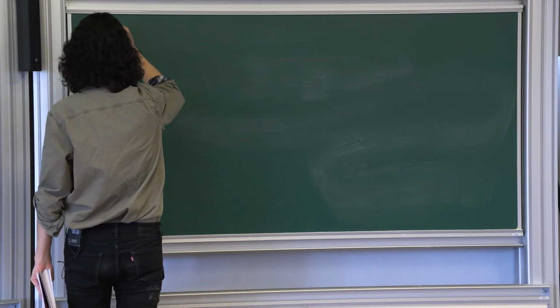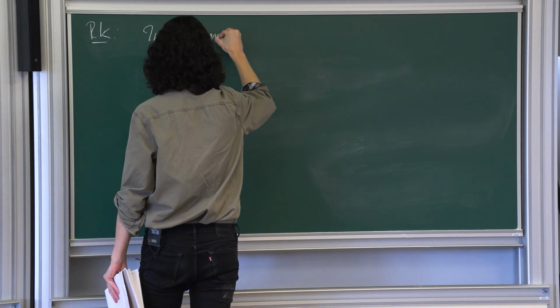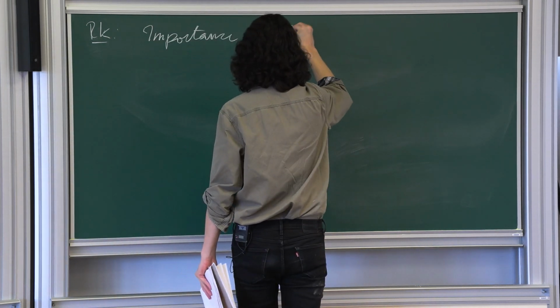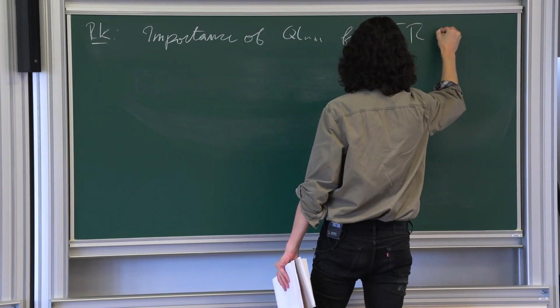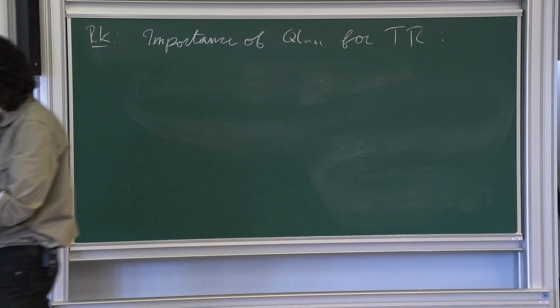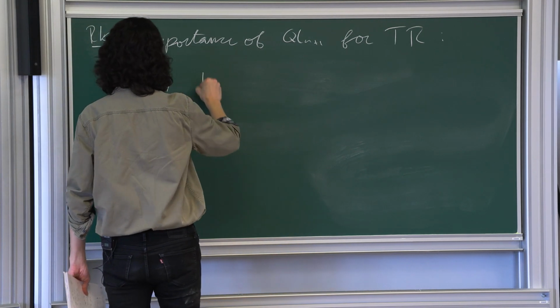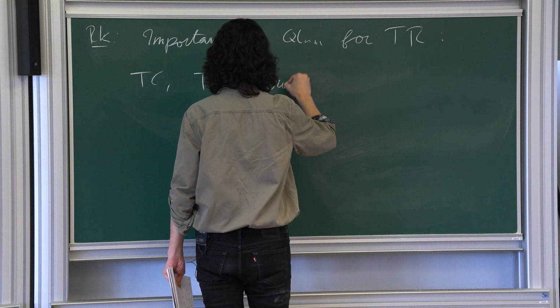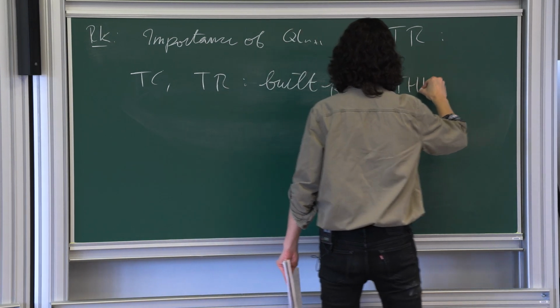So let me now make this remark about the importance of QLn plus 1 specifically for TR. These theories TC and TR are built from THH.